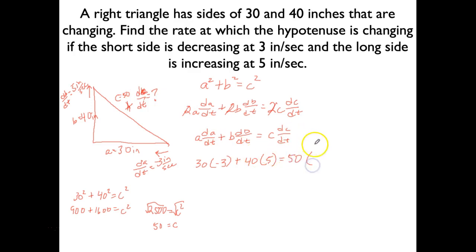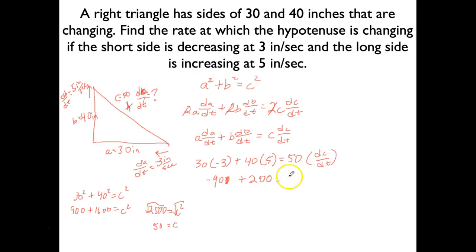So that's going to be right there, and then times the change in C, which is what we're looking for, right? So let's just figure this out. It's going to be negative 900 plus 220, right? Oh, I'm sorry, this is not 900. I'm still thinking about this problem over here. It's negative 90 plus 200. Sorry, guys.